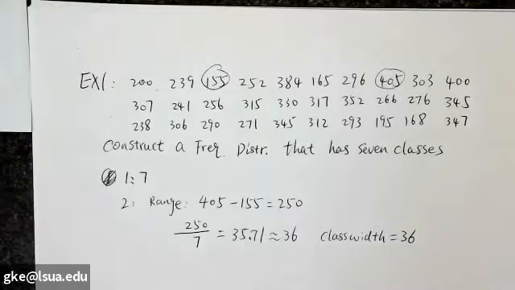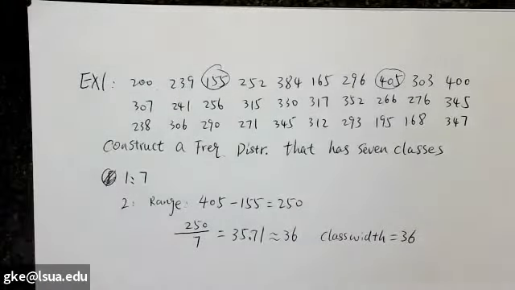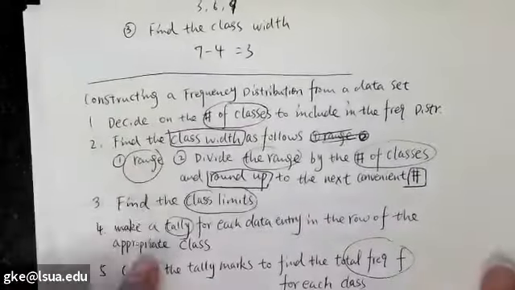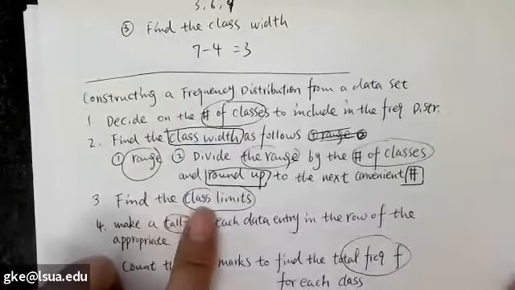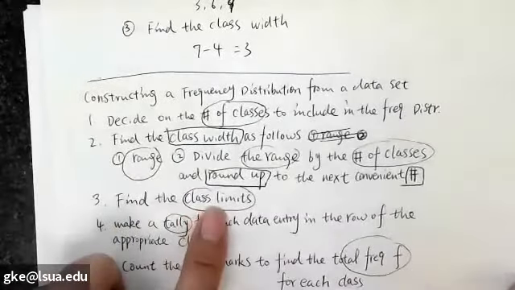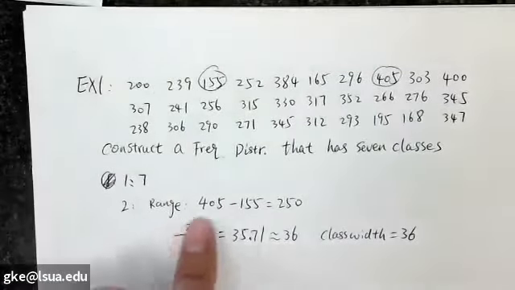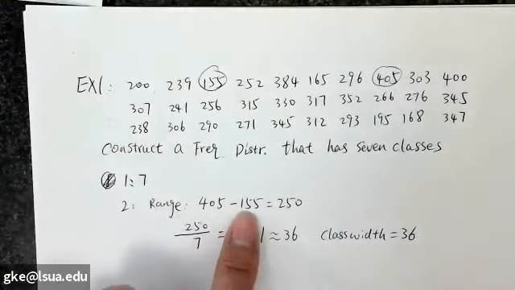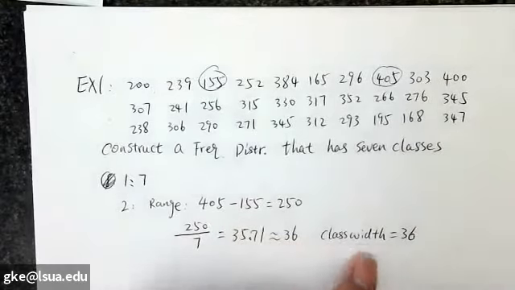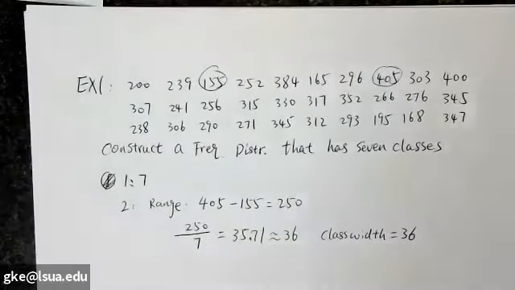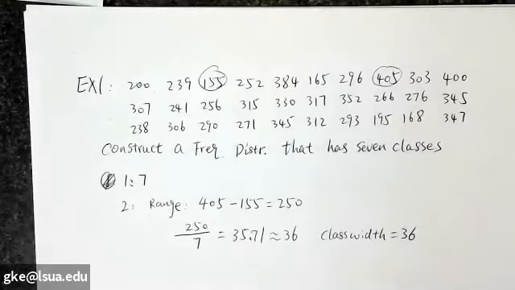Now the key step is going to be the third: how to find the class limits. We know the lowest number, or the minimum number, is 155, and the class width is 36, right? You got the point.